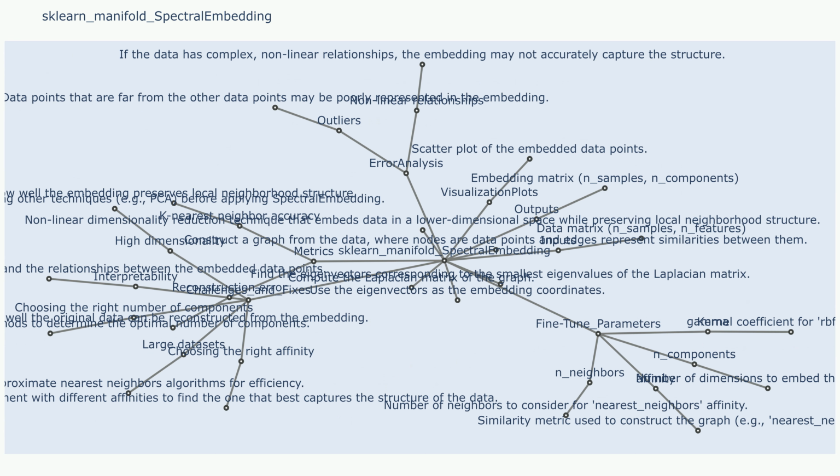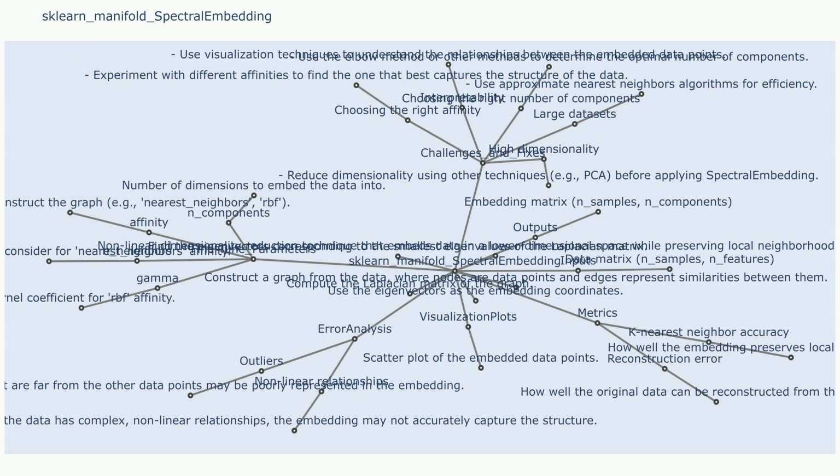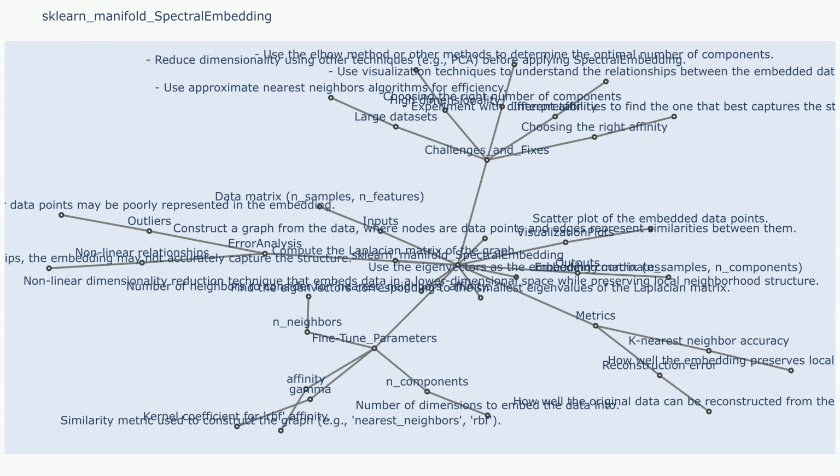Inputs. X. The input data is a NumPy array of shape (n_samples, n_features). Each row represents a data point, and each column represents a feature. Affinity. The type of affinity matrix to use for constructing the graph Laplacian. Options include nearest neighbors for constructing a graph based on k nearest neighbors, RBF for using a radial basis function kernel, precomputed for using a precomputed affinity matrix, and more.